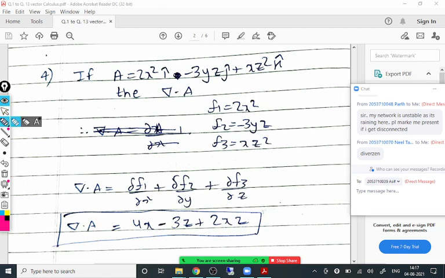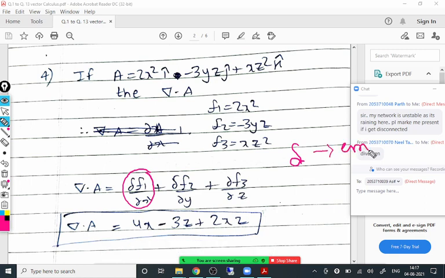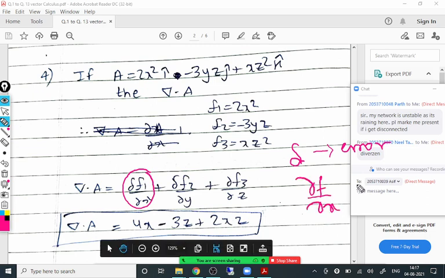Only I will tell you one important thing. If possible, try to use the correct notation. This Kronecker delta is used for error notation. Actually, this is used for the error function, and there are other notations also. When we say dou f by dou x, this is the notation you can use. So use correct notations, though not an issue, as the answers are correct.